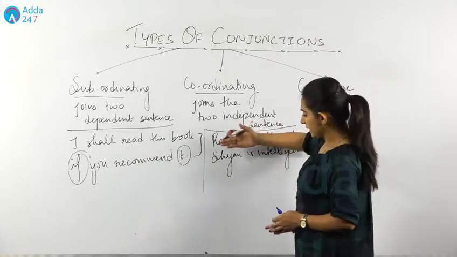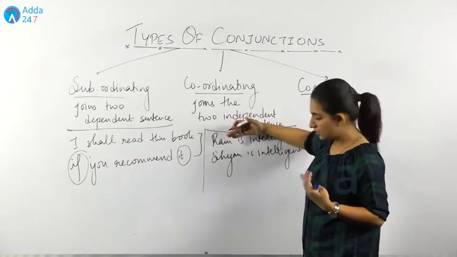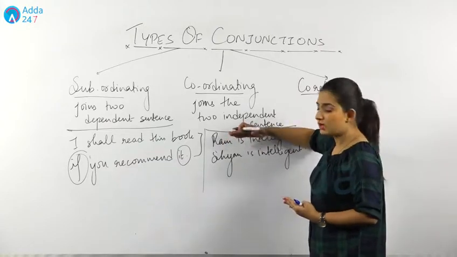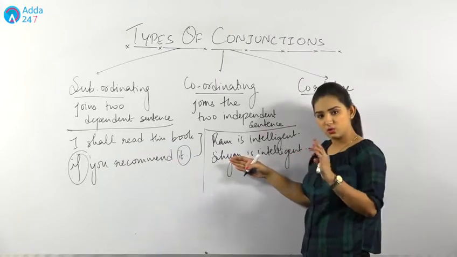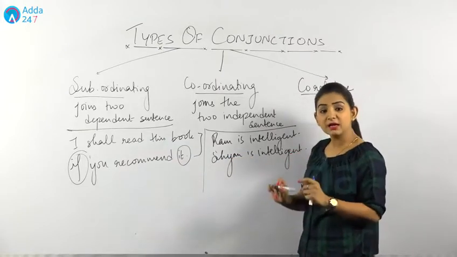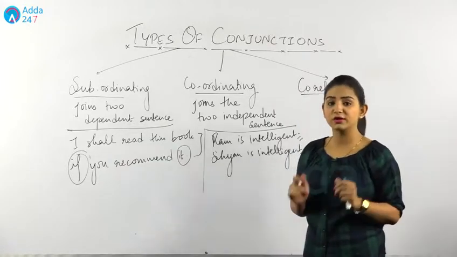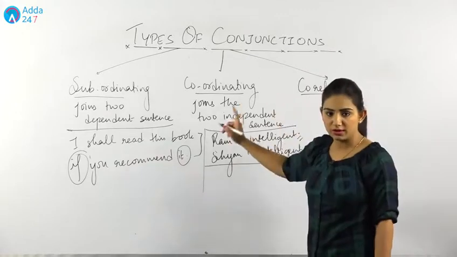But if we write the second sentence without the first sentence, will it complete its meaning? Sham is intelligent. Yes, it will. If we don't write the second sentence and just write the first sentence, Ram is intelligent, will it complete its meaning? Yes. That means these are two independent clauses, and when we join two independent clauses, the word used here will be a coordinating conjunction.